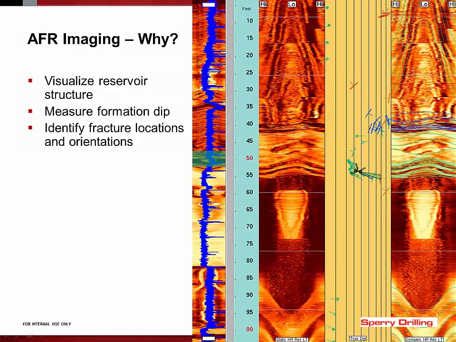It also has enough resolution that it can identify fractures in the rocks and allow you to measure the orientation and location of those fractures. Again, that can be very important for rock strength interpretation or understanding stress orientations in the rocks. The fractures will help you to make interpretations of those things from the image data.